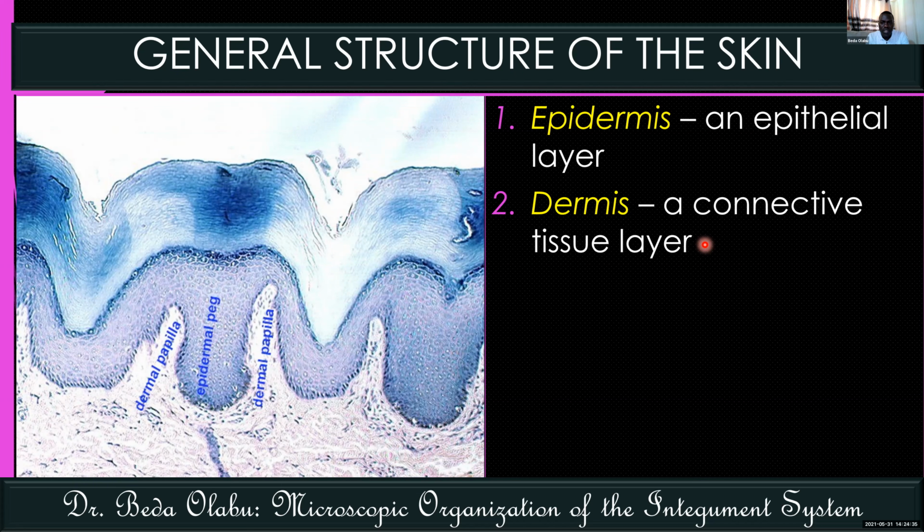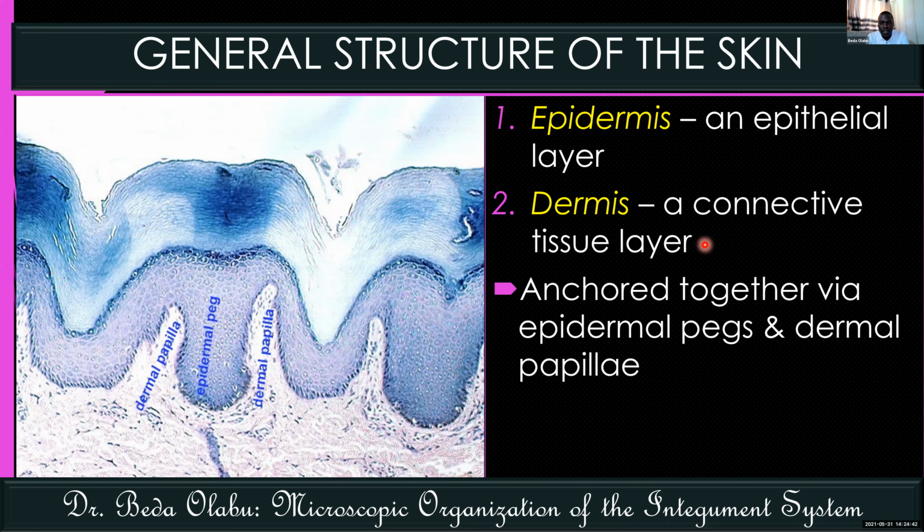There's a risk of these two layers being easily separated, and to prevent that from happening, the two layers of the skin are anchored together by several interdigitations. There are projections of the dermis into the epidermis, known as the dermal papillae. You can call them papillary dermis.